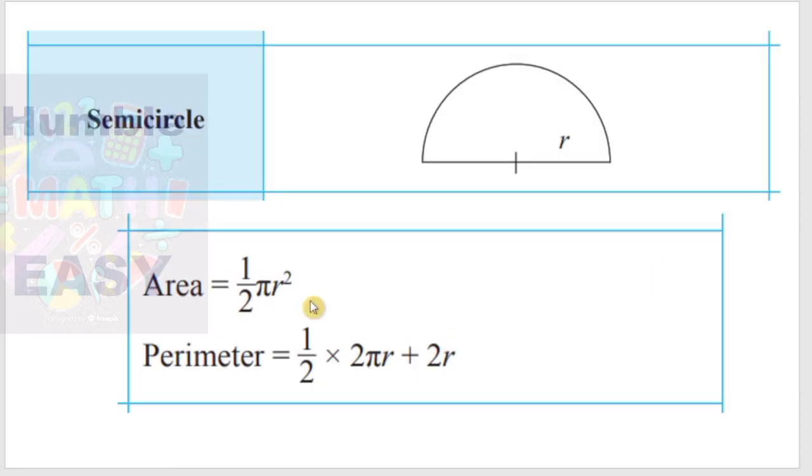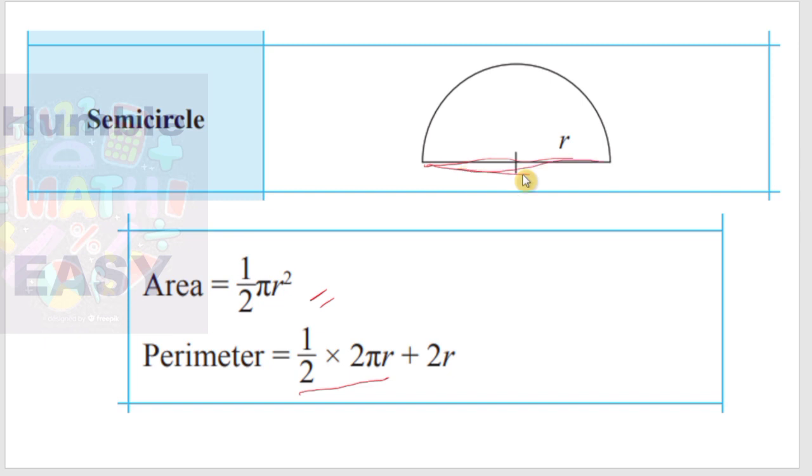To get the area of a semicircle, we have to divide the circle into 2. In other words, we have 1/2 pi r squared. And then to get the circumference, since this is the diameter, which is 2r, and half of the circumference of a circle, half of the 2 pi r plus the diameter or the 2r.